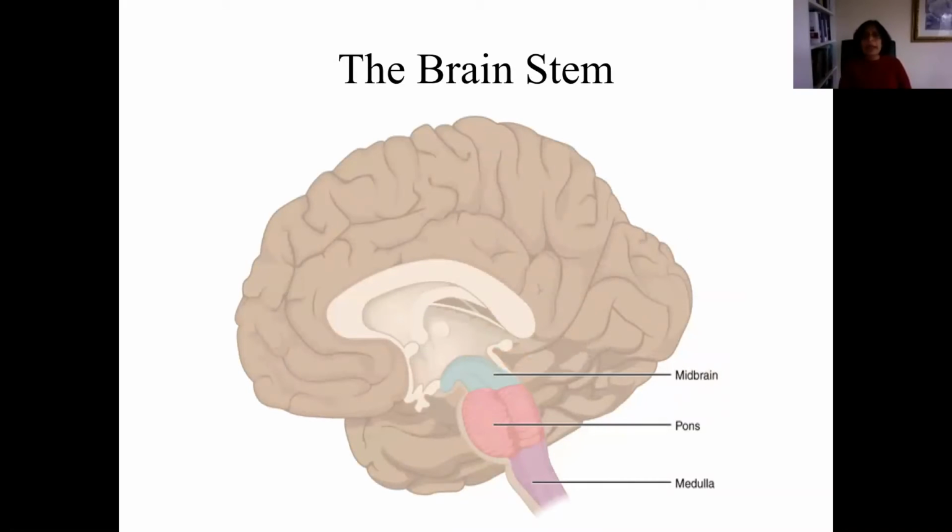Now, the brainstem. Brainstem is made of these three important structures: midbrain, pons, and medulla. Midbrain is where you would see two cranial nerves originate, cranial nerve 3 and 4. Both are motor cranial nerves controlling the eye movement. And midbrain is where you have some key structures like substantia nigra, red nucleus.